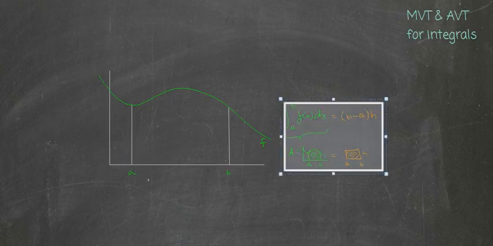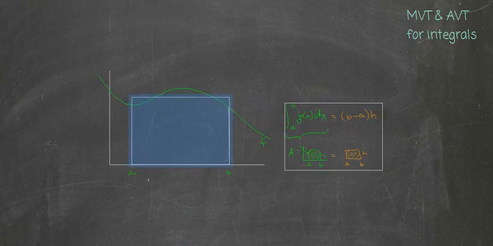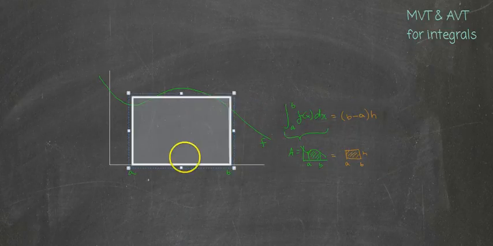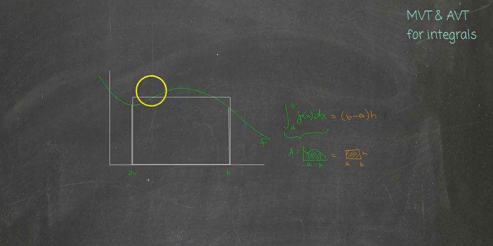So if I did construct that rectangle and superimpose it across my graph, I would find that there is a point of intersection of that rectangle and my graph. Let's call this the f of c.